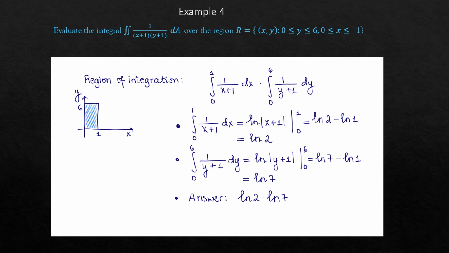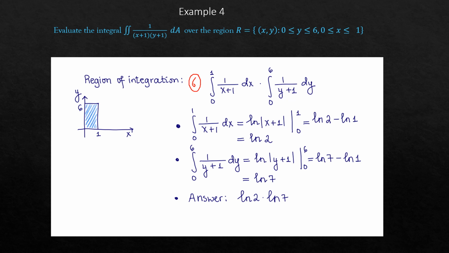Here we notice right away that our integrand can be split into a product of two functions. One function in terms of x only, the second function in terms of y only. It's pretty clear. So we're going to apply that rule. I believe it was rule number 6 that we discussed at the beginning of this lecture.